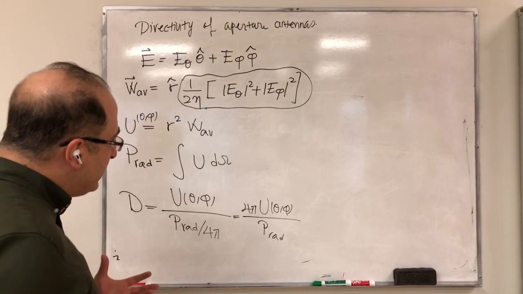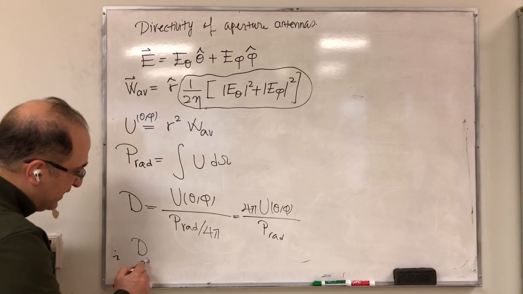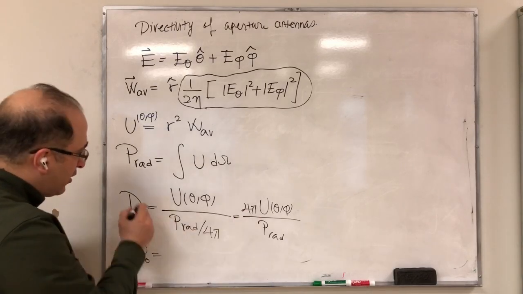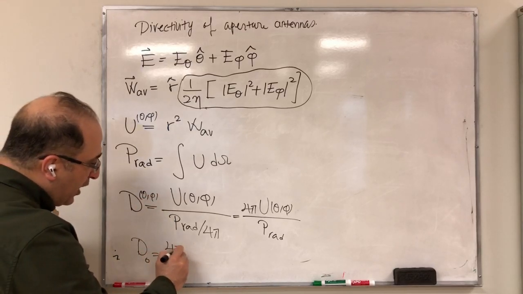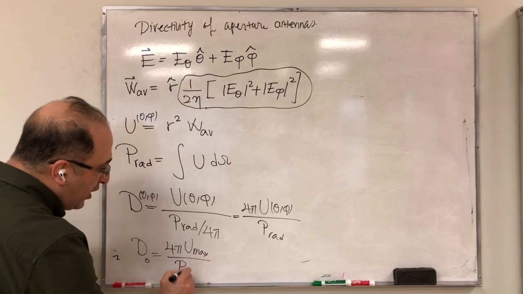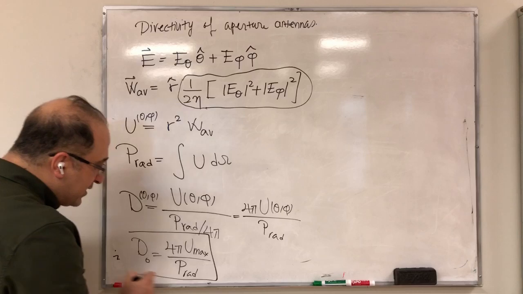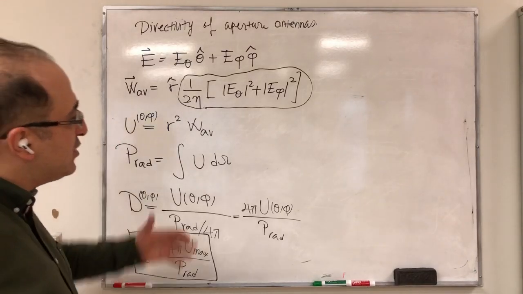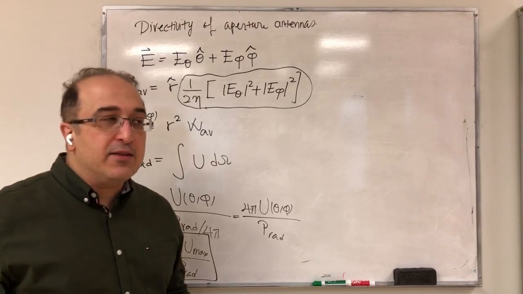And if you are interested in maximum directivity, our notation was to use D naught, because this is now going to be dependent on the angle. So D naught would be 4 pi U_max, or U naught, divided by P_rad. So when I'm saying directivity, I'm talking about this maximum directivity in this lecture.